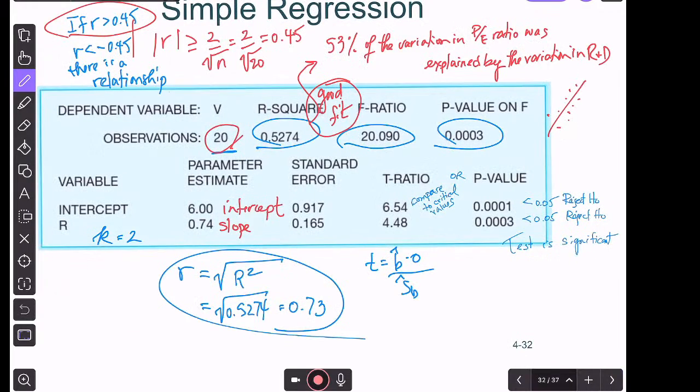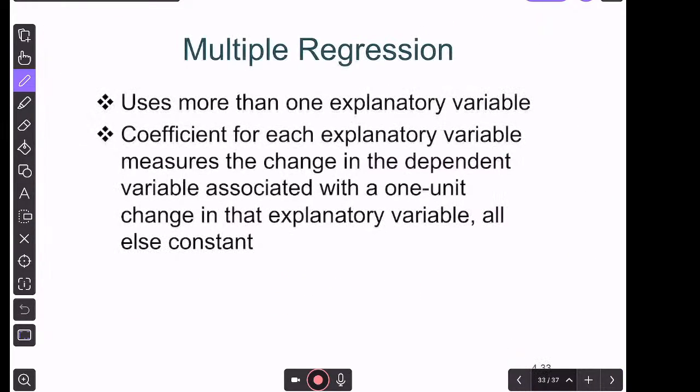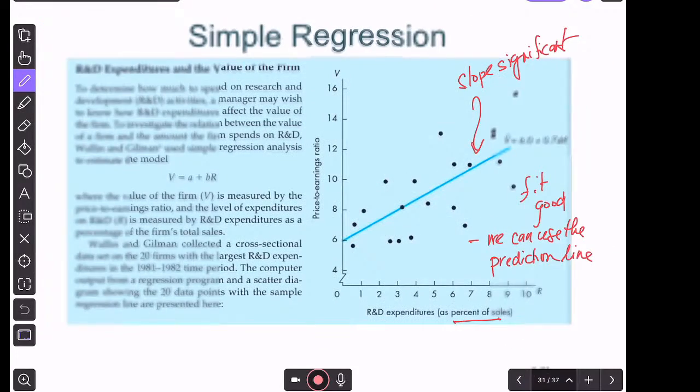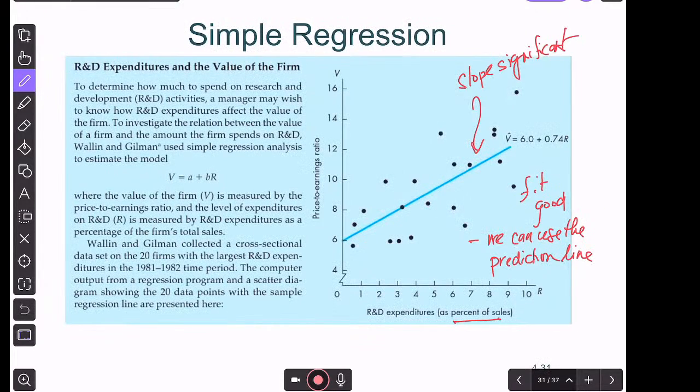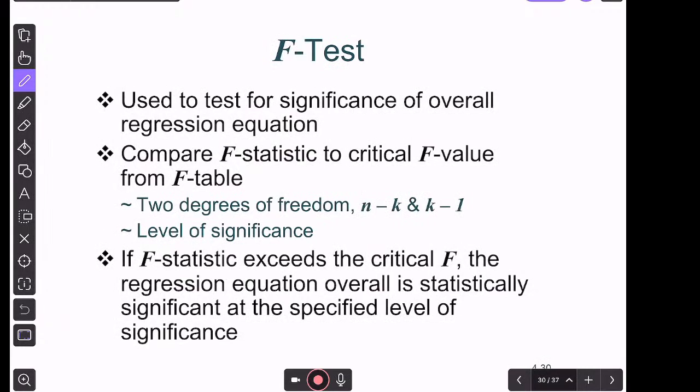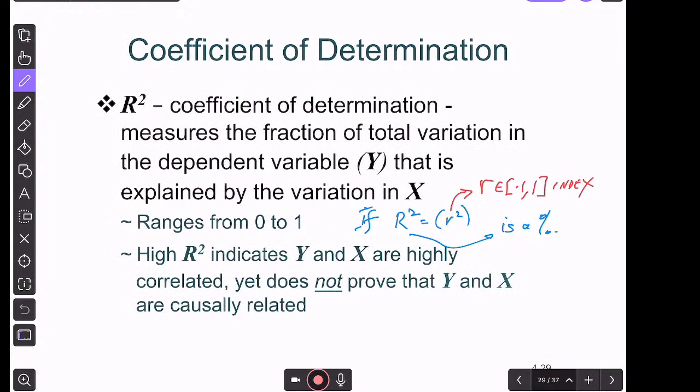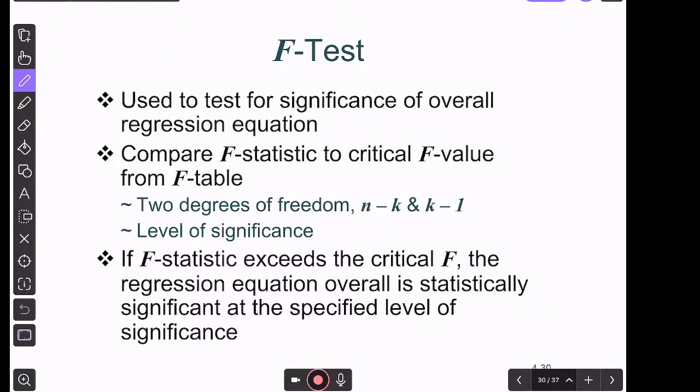Okay, what else? The F. Let me remind you, all this analysis is for simple regression, but it's analogous, it's similar for the others, but for two variables, X and Y, this is the approach. So where did we leave off? Okay, R squared, what about F? F test is used to test for significance of overall regression equation. Compare F statistic to critical F value from F table.